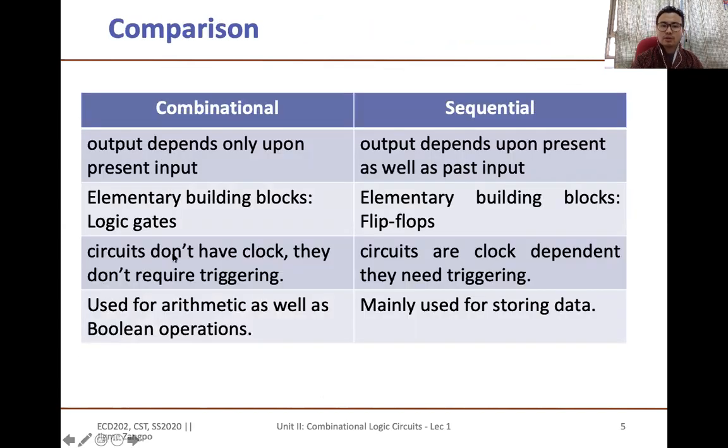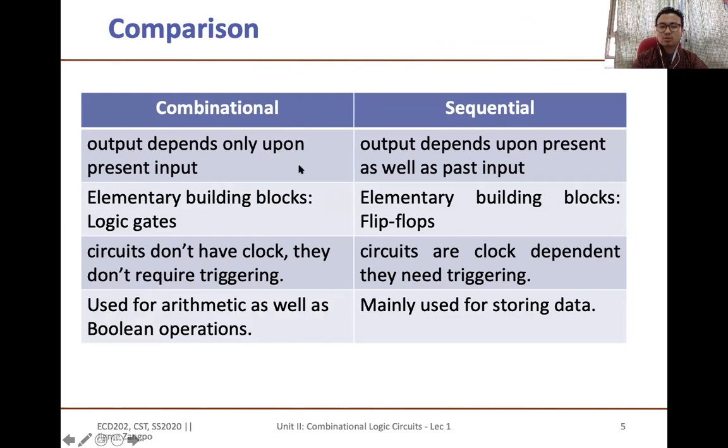Now here is the comparison between combinational and sequential logic circuit, which I have picked from the characteristics I explained in the previous slide. You may go through and add your own comparisons.